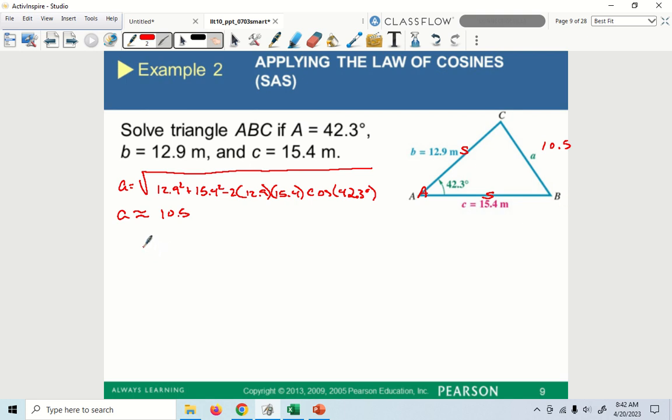So that means that I'm going to have 10.5 over sine of 42.3 is equal to 12.9 over sine of big B.